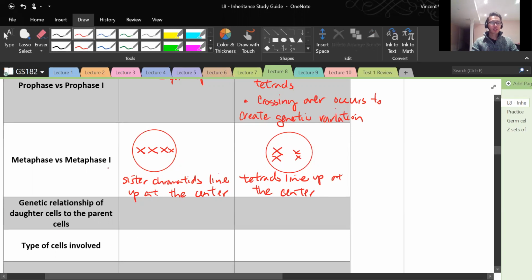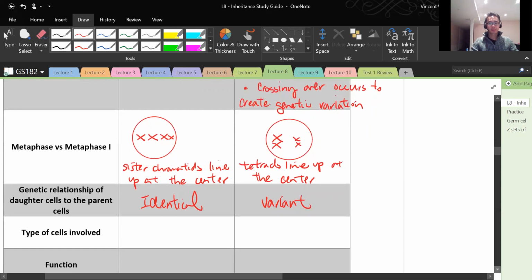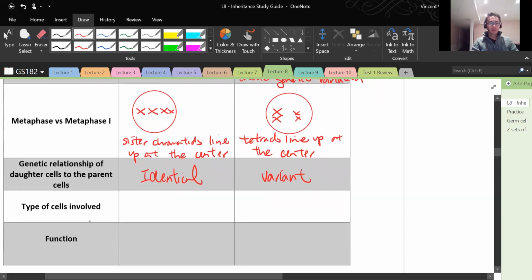The genetic relationship of daughter cells to parent cells for mitosis is identical. For meiosis, it is variant, it's different. The types of cells involved in mitosis are somatic cells, which are bodily cells, your skin cells, liver cells, whatnot. But for meiosis, only germ cells, the cells that will become sperm and egg.